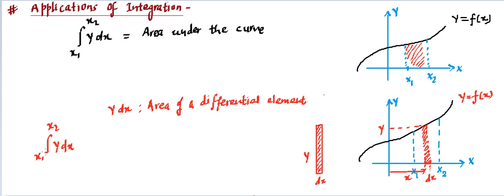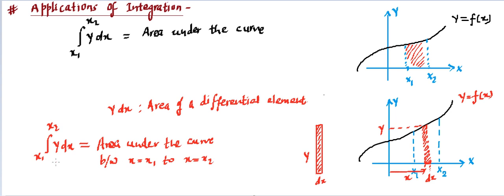So this integration is also called summation. We are basically summing all these differential rectangular areas. If we add all of them, you'll find the entire area that I have shaded over here will be formed. So that will become the area under the curve or under the graph, between x equal to x1 and x equal to x2.